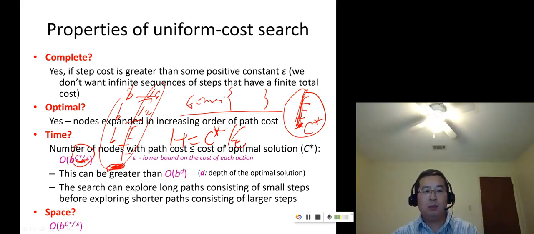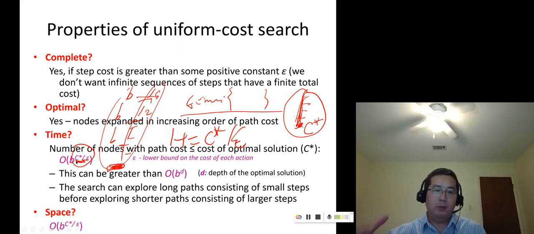This can be greater, because this is like an upper bound. We may set it higher, even if maybe we can find a better one. So this is not tight, just because we guarantee it cannot exceed this scale of number of nodes. This is not the exact number of nodes; it's like a rate of change. So this can be greater than big O of b to the power d.